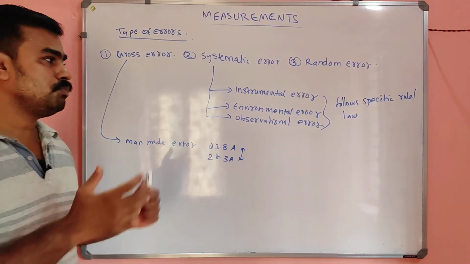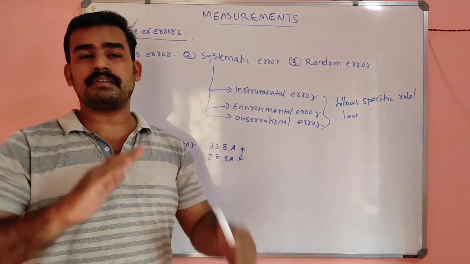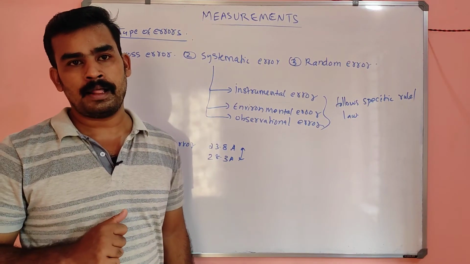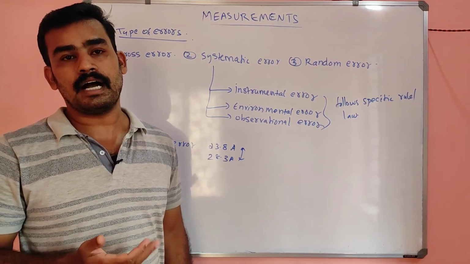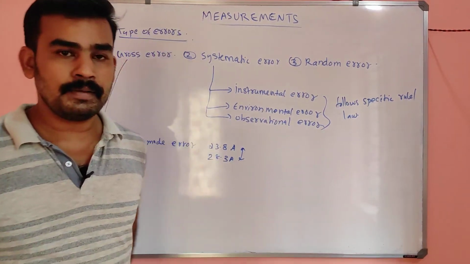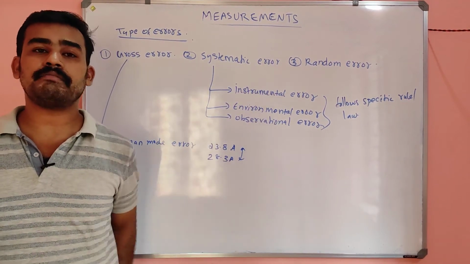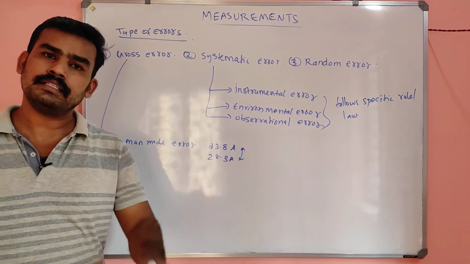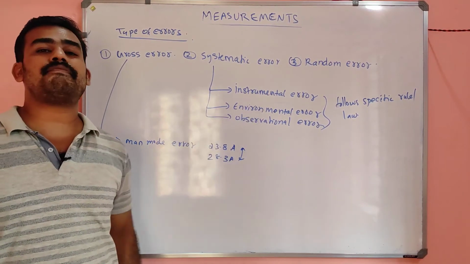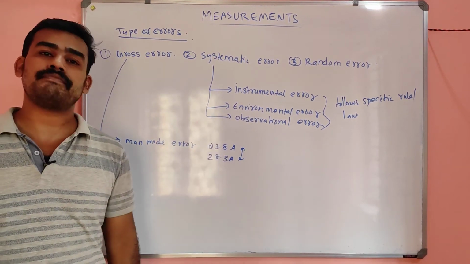Suppose the room temperature here is 30 degrees Celsius, and outside your building it is 40 degrees Celsius. Then the reading will not be the same, because there will be a temperature effect.